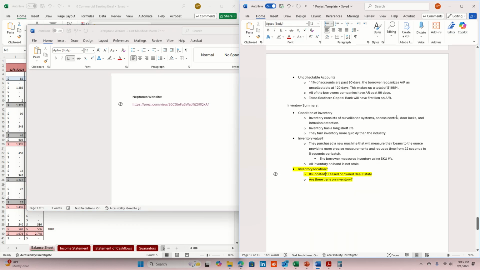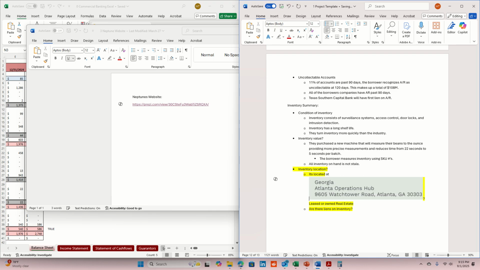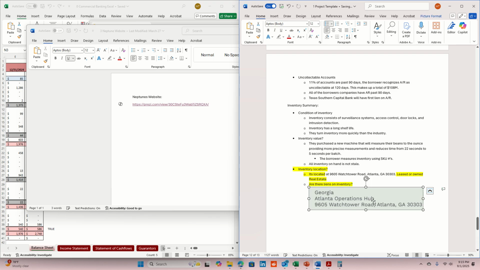We don't like when inventory is held in a different state, but so be it. It is located at 9605 Watchtower Road, Atlanta, GA 30303. Okay. Right on.